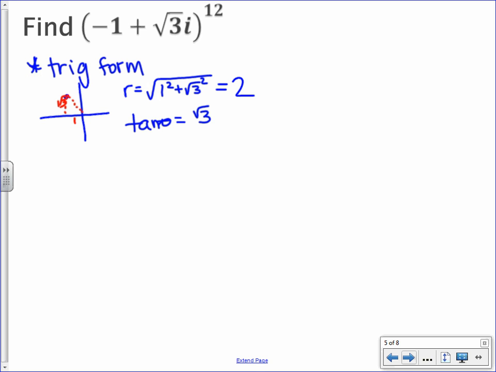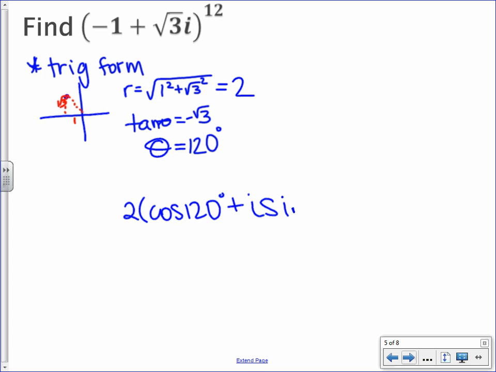When is tangent radical 3? 60 degrees, right? And it's negative in the second quadrant, so what's theta? 2 pi over 3 or 120 degrees, however you'd like to think of it. Okay, so our number is 2 times cosine of 120 plus i sine of 120, and that is being raised to the 12th power.